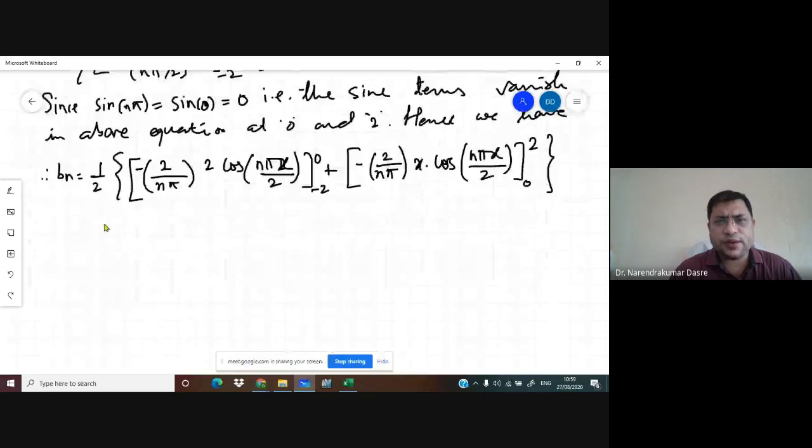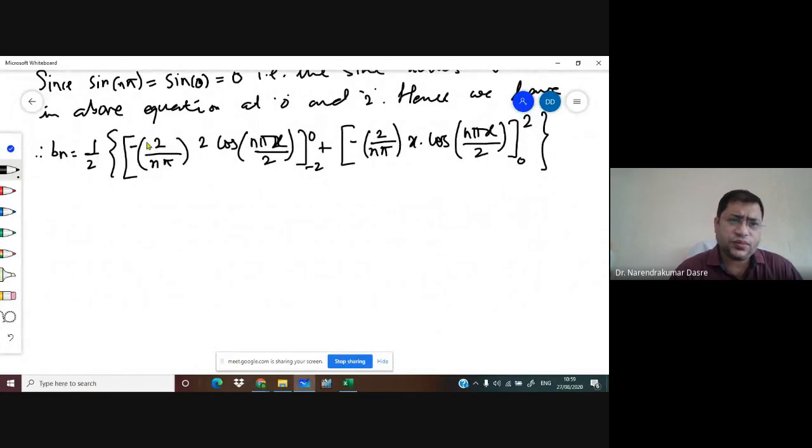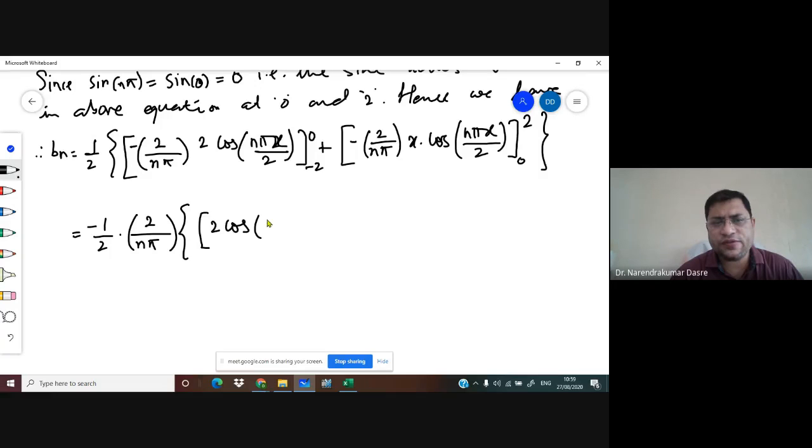Now, let us apply this limit. So here I have minus, I can take it out. Then here I have minus 2 upon n pi. So here also we have 2 upon n pi, we can take it out. And hence we have minus 1 half into 2 upon n pi. And now what we have inside, here we have 2 cos of n pi x by 2, the limit is minus 2 to 0.